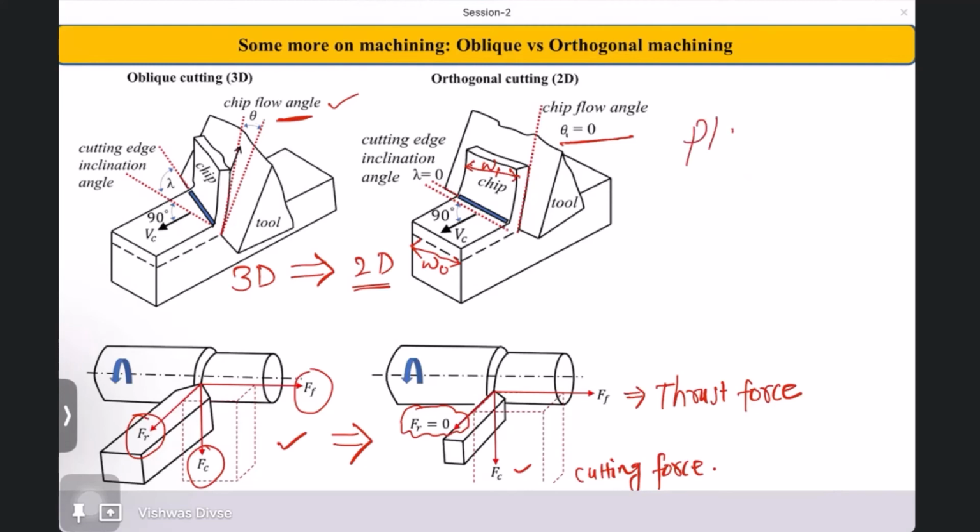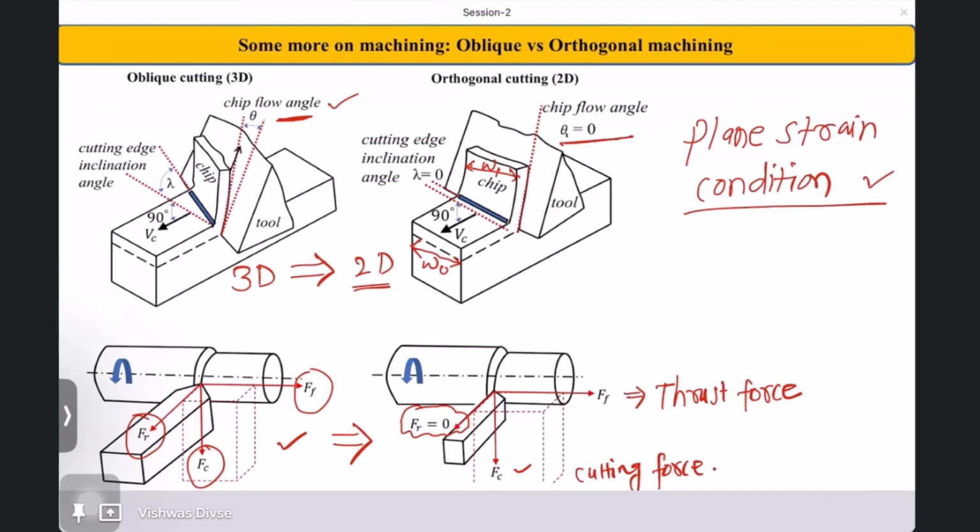So this is essentially a plane strain operation or plane strain condition. This is another modeling aspect one should look at here. So although I am looking from a theoretical background, as a modeling engineer, I got one very important theoretical concept: if I am modeling orthogonal machining, I need not model it in 3D because anyhow in the third direction, that is the width direction, no strain will be there.